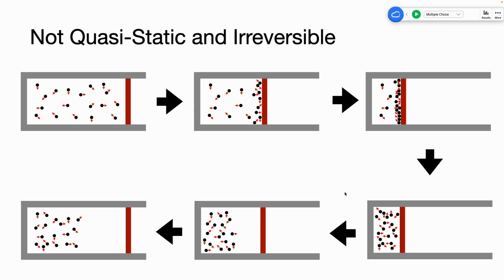So the pressure on the piston in the reverse process is smaller. So here, pressure is always bigger than the bottom. So overall, the work that flows into the gas when you compress it will be bigger than the work that flows out of the gas when you release it.